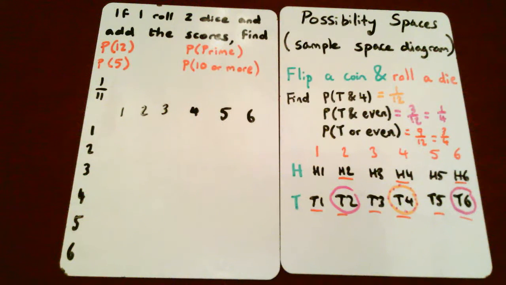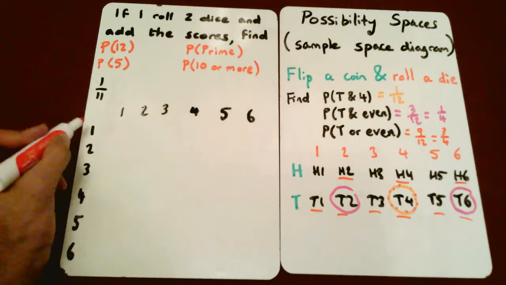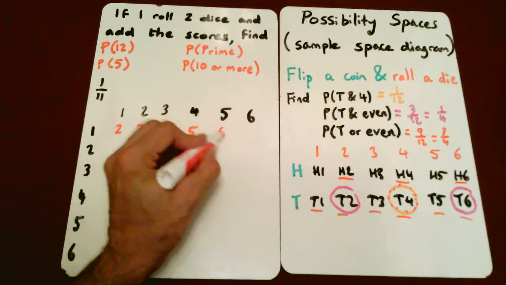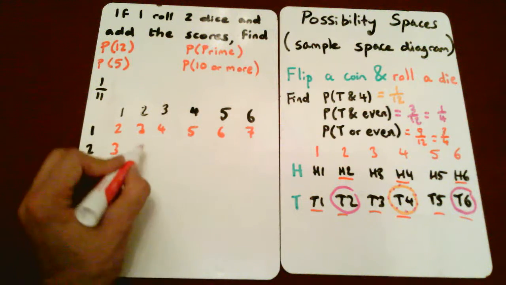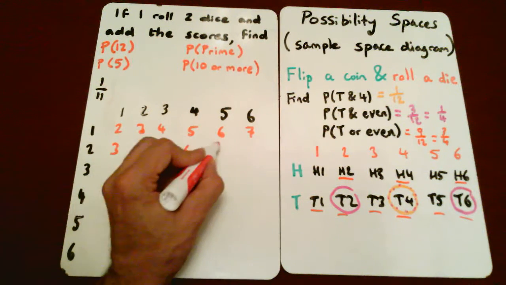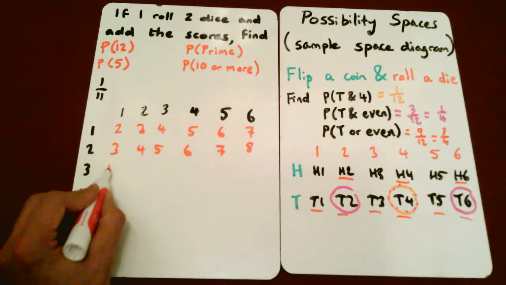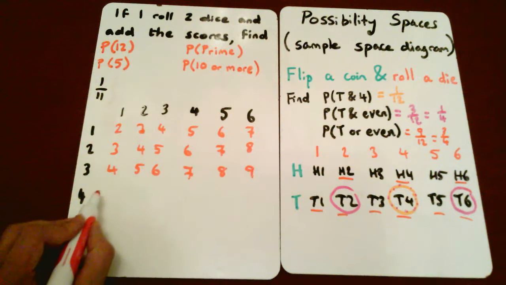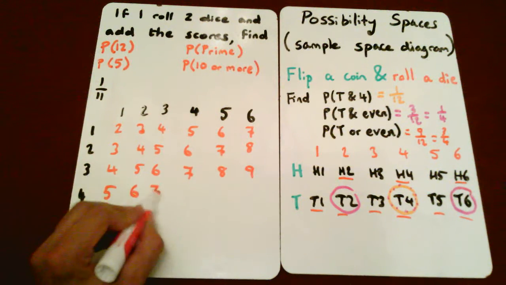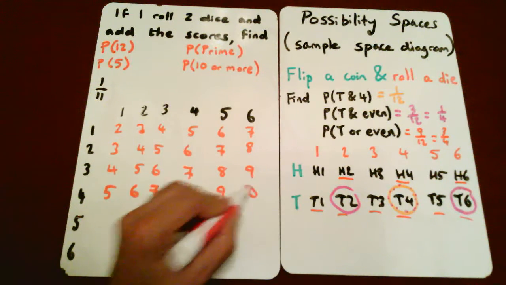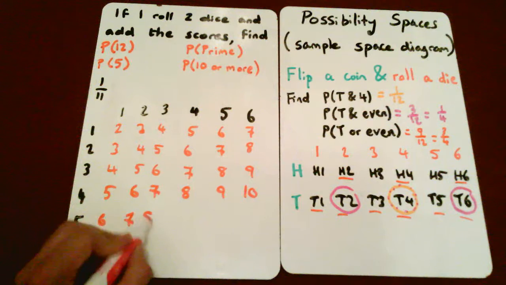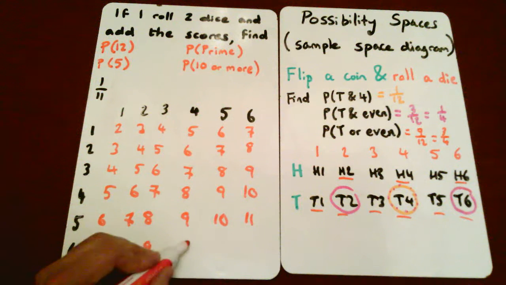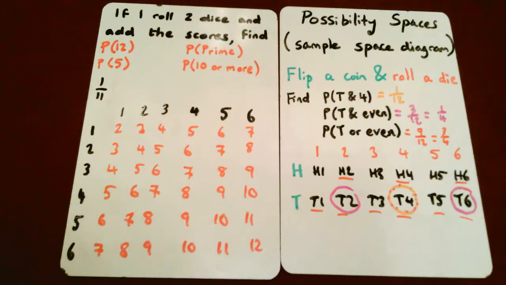If I now write down the scores when I add these values together, we can see 1 and 1 is going to make 2, 3, 4, 5, 6, 7, 3, 4, 5, 6, 7, 8, 4, 5, 6, 7, 8, 9, 5, 6, 7, 8, 9, 10, 6, 7, 8, 9, 10, 11, and then finally 7, 8, 9, 10, 11, and 12.